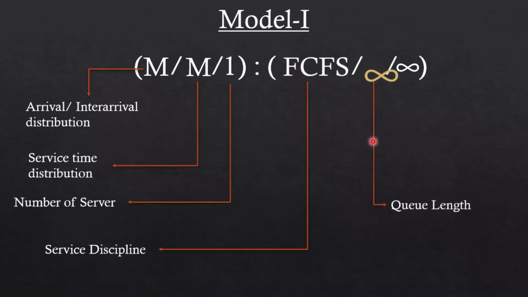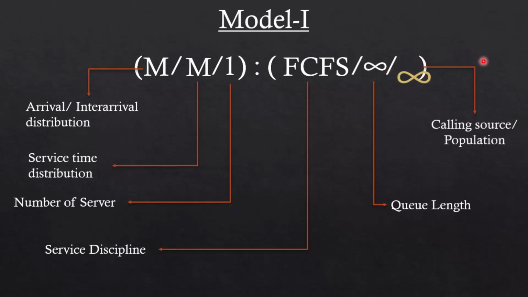The infinity shows the queue length, so we have an infinite queue length model, and the last infinity shows the population or the calling source, so this model represents the infinite population model.